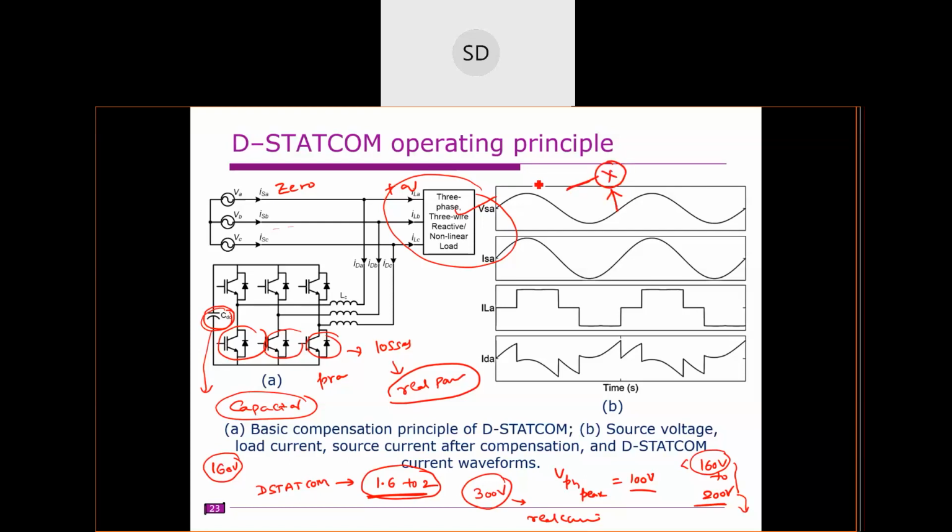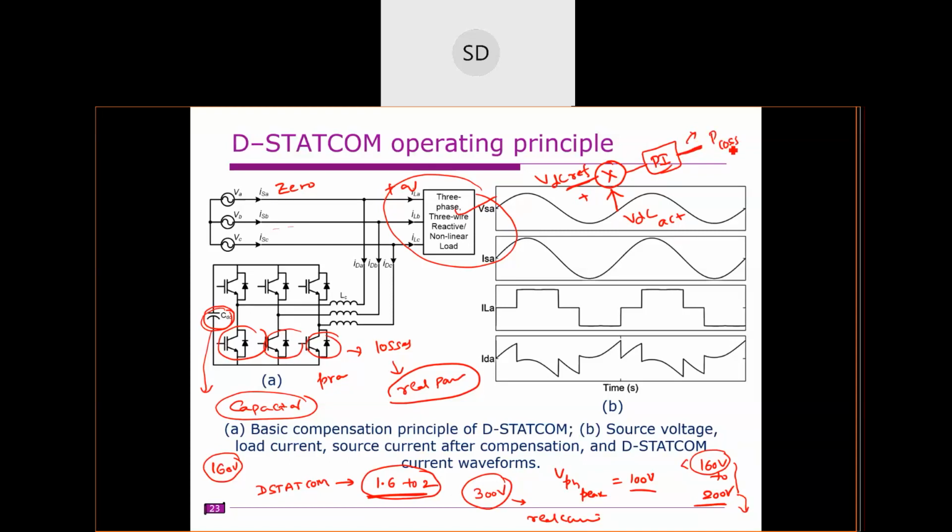We have VDC reference minus VDC actual, and this is given to a PI controller. The output of this PI controller is P loss.